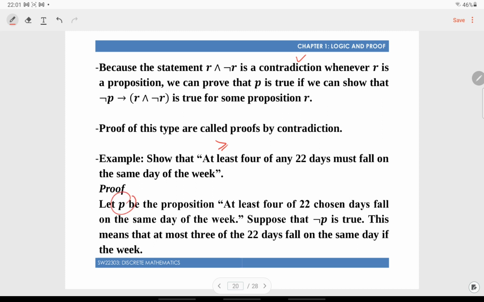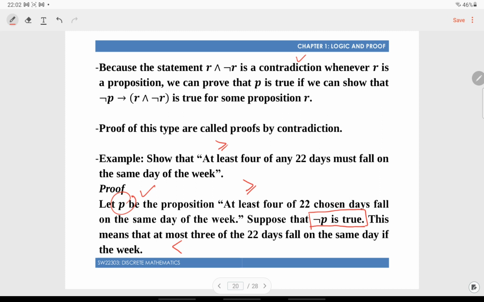That is our statement P. Our assumption is that not P is true. So if this is P, what is not P? Not P means at most, because P is at least, greater than or equal to. The opposite of greater than or equal to is at most, which means less than.